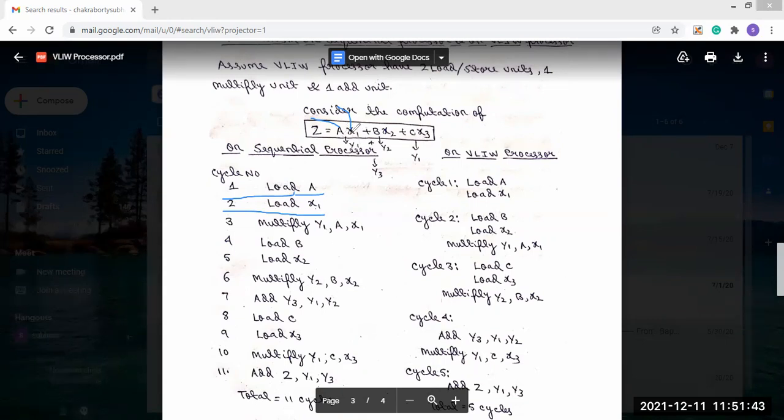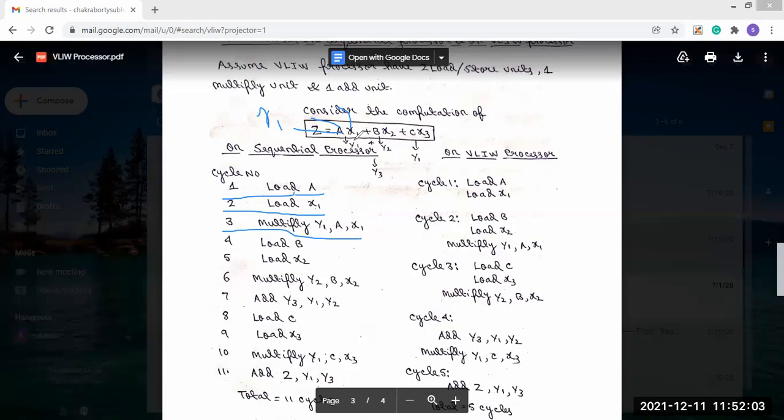After multiplying, let's say we store it into Y1. So in the third clock cycle, we perform the multiplication between A and X1 and store it into Y1.